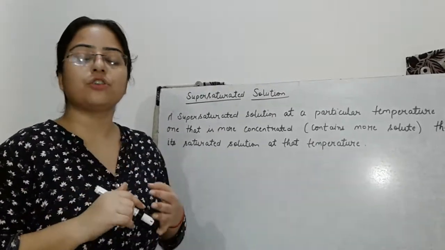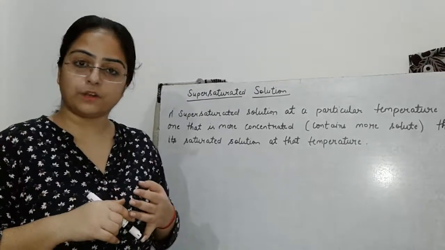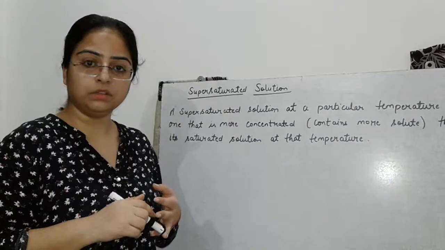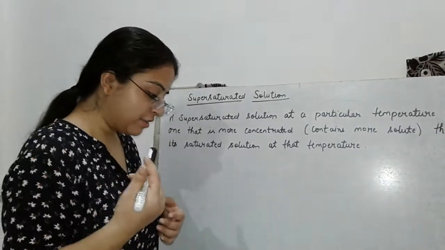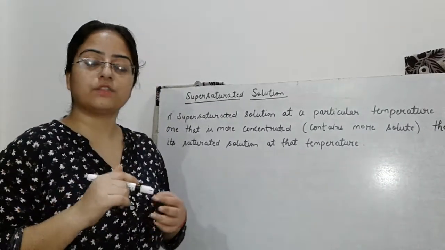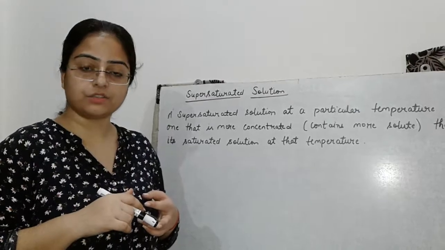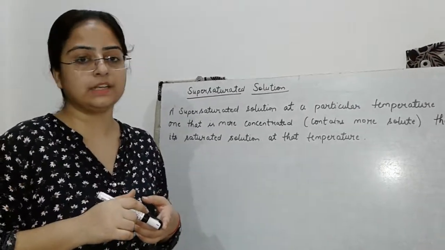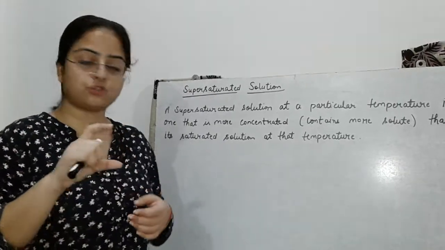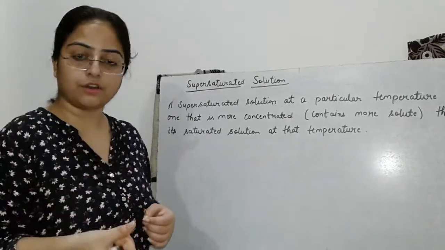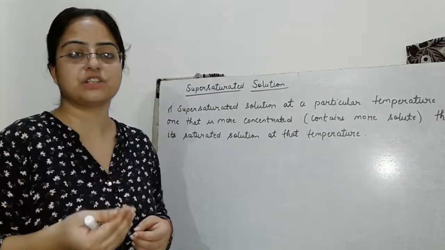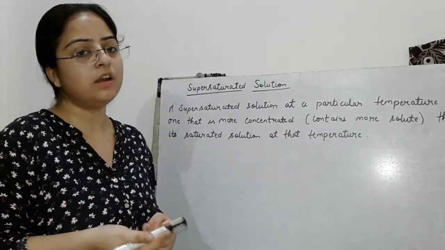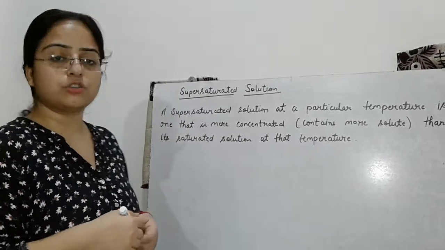First, there should not be any kind of suspended impurity present in the solution while bringing the temperature down, like dust particles. Second, the solution should not be disturbed physically. If these two conditions are taken care of, then crystallization of solute particles will not occur at the time of bringing down the temperature of that solution.